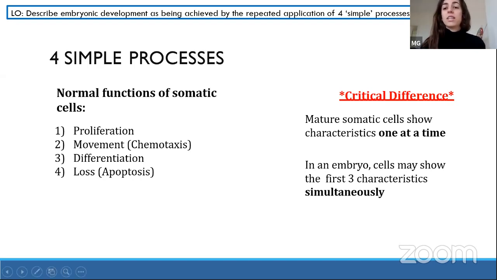In mature somatic cells, they only show one characteristic at one time. However, in an embryo, the cells may show three of the first characteristics simultaneously, which is really different to mature somatic cells. So that means it can proliferate, move, and differentiate at the same time.